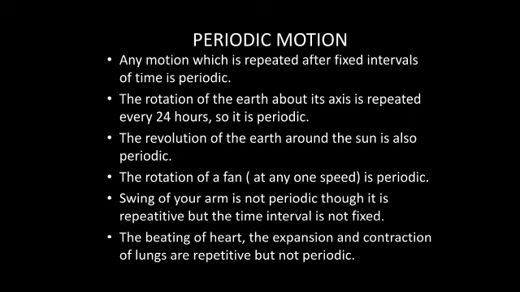The rotation of a fan, of course at one speed, you cannot consider two different speeds, is also periodic. Because in the previous picture we had seen that there are 3 blades. If you mark 1, 2 and 3 and switch on your fan, you will see that the position of blade 1, wherever it was, comes to the same point after the same time interval. So this is periodic.